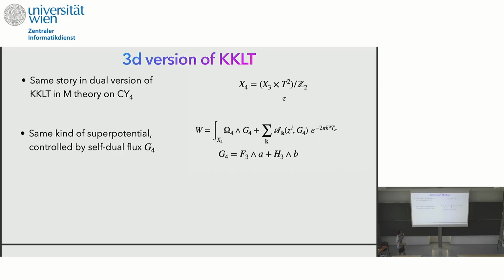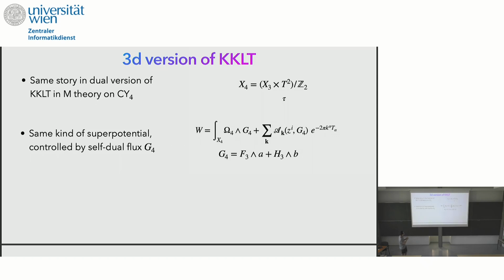Actually, there is a three-dimensional version of KKLT, so you could understand that as either a dual or a toy model of that. The idea is that you could try to write the same thing by having M-theory on Calabi-Yau 4, so you would get a three-dimensional version of AdS. The Calabi-Yau 4 would be made of the same Calabi-Yau 3 times T2, and the shape of the T2 would be controlled by the axio-dilaton.